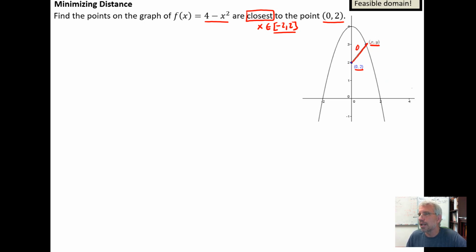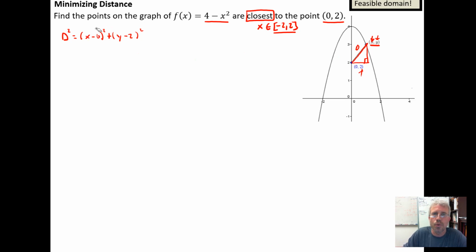What we want to recognize from pre-calculus is that the Pythagorean theorem can be applied to any line segment. So the square of that distance D is going to equal the sum of the squares of the differences between the coordinates: y minus 2, the difference between the y coordinates, squared, and the difference between the x coordinates squared, so x minus 0 squared.